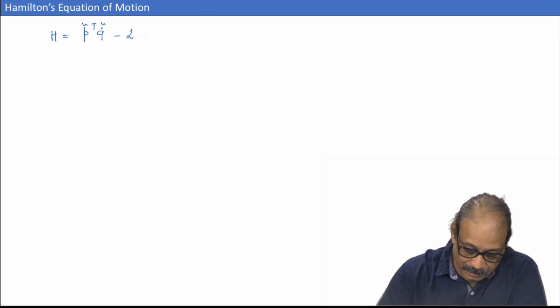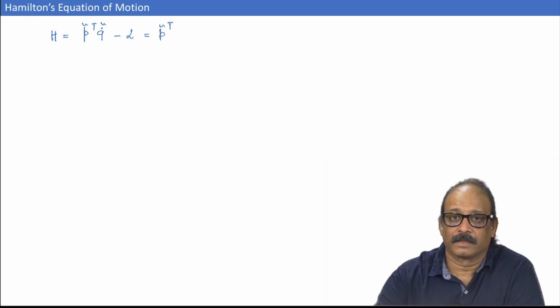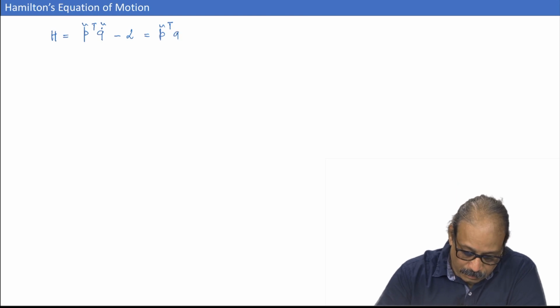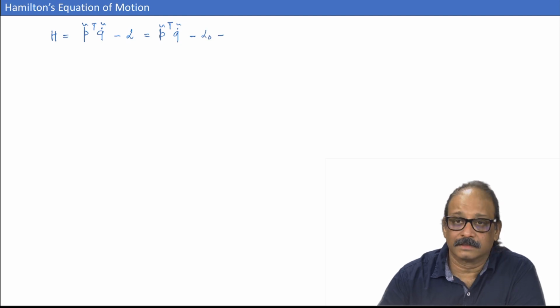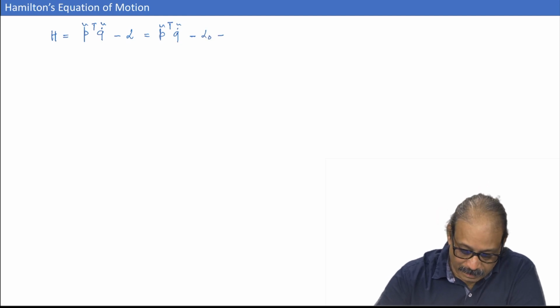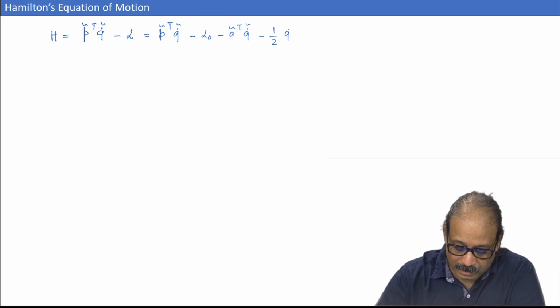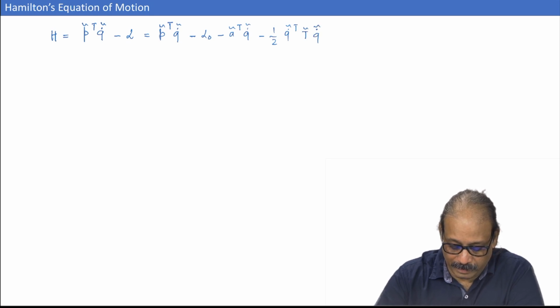So, this is P tilde transpose into Q dot tilde minus L0 minus L1, which was nothing but A tilde transpose into, let me first write the whole expression and then I will make a substitution, minus half, this was Q dot tilde transpose T matrix into Q dot matrix.